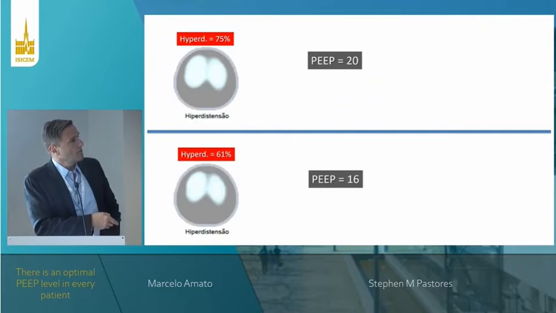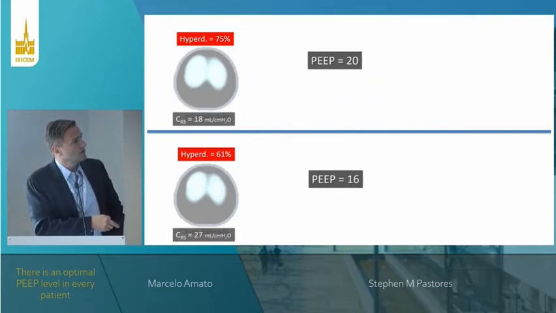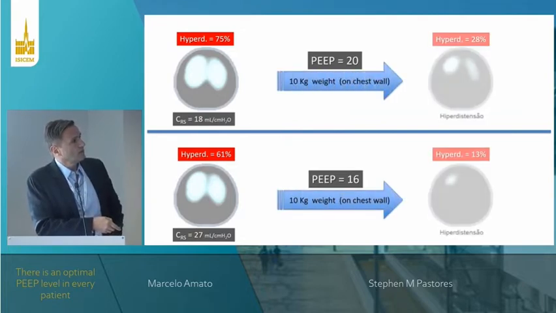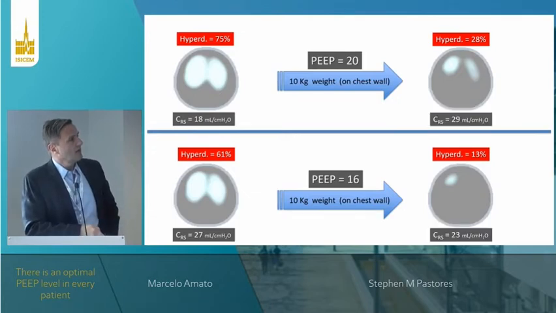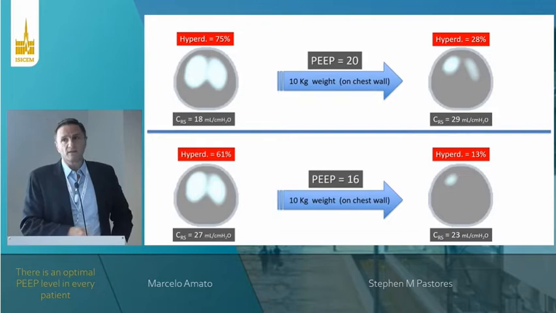When I'm using high PEEP, it's interesting because the animal without any weight was overdistended, with a very low compliance. And then when I put the weight, hyperdistension is much less, from 75 to 28%, and I have much higher compliance.